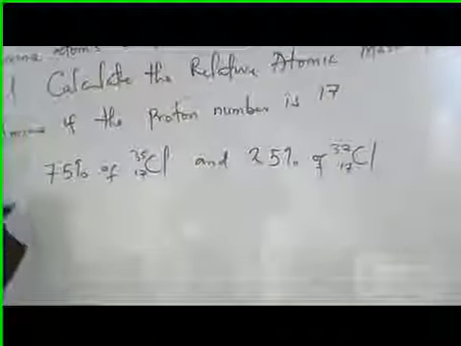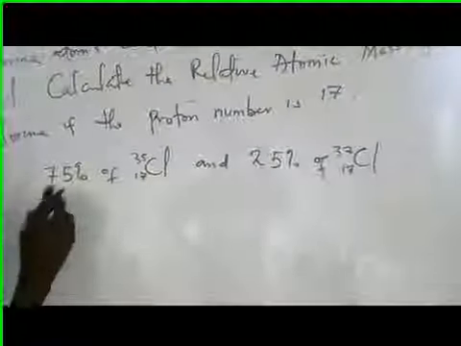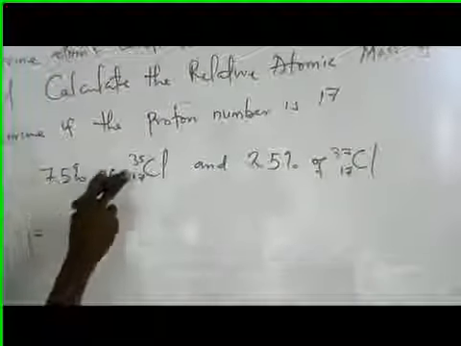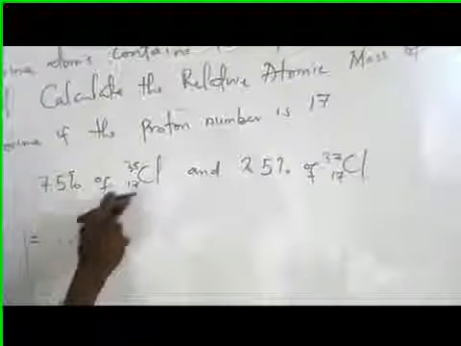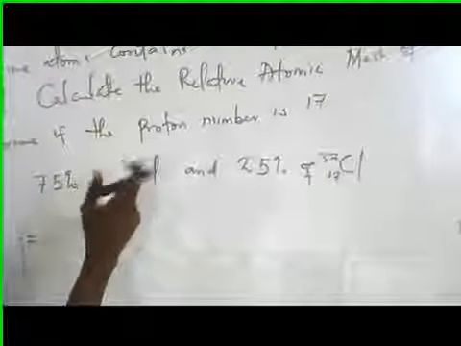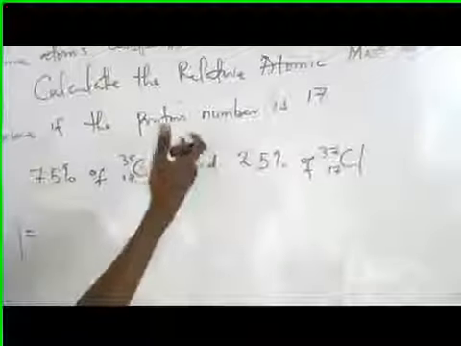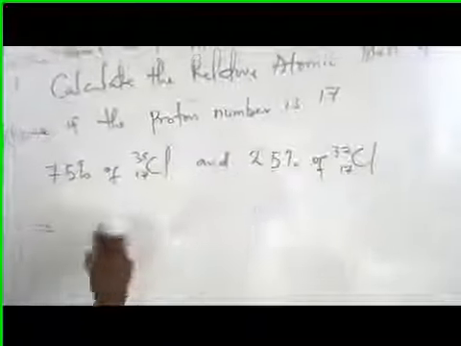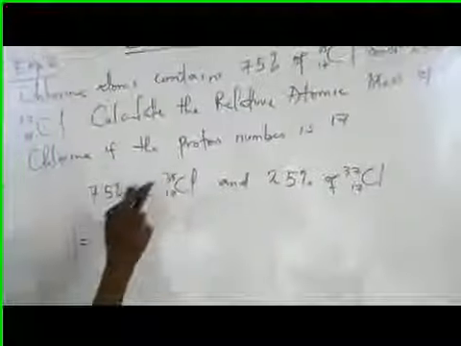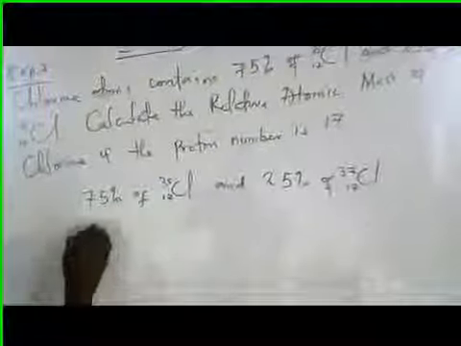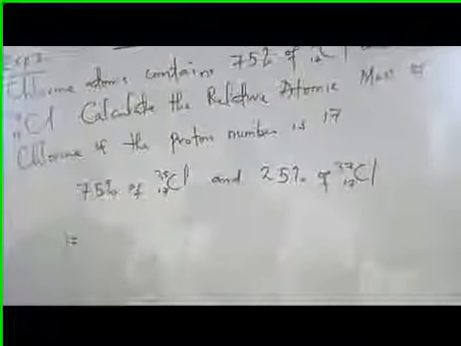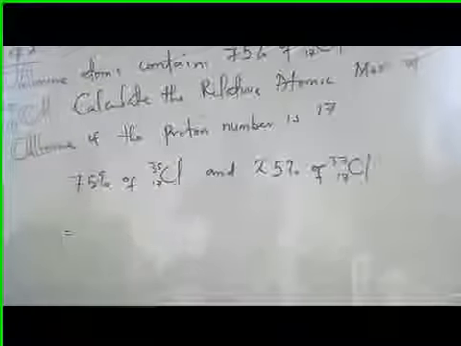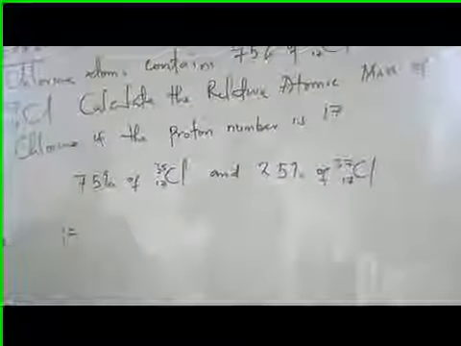As I have said earlier, we are going to use the mass number in our calculation. We don't need the atomic number, the proton number, or the number of electrons; it's only the mass number that we need. This question is in percentage, unlike the first one that was talking about the number of atoms present in the sample of the element.